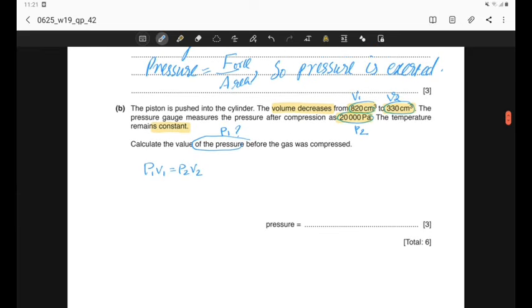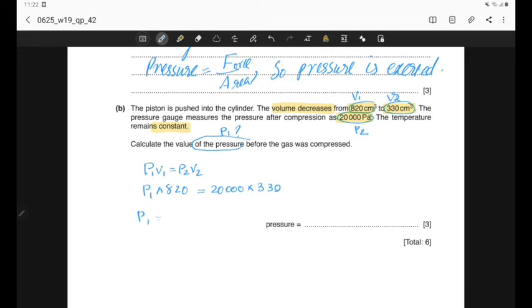Now we have the values. We can substitute P1, which we need to calculate, and V1 we have. The initial volume was 820. As both volumes are in centimeter cube, we don't have to convert to meter cube because it will automatically get cancelled. On the other side, P2 is 20,000 times V2, the new volume, 330.